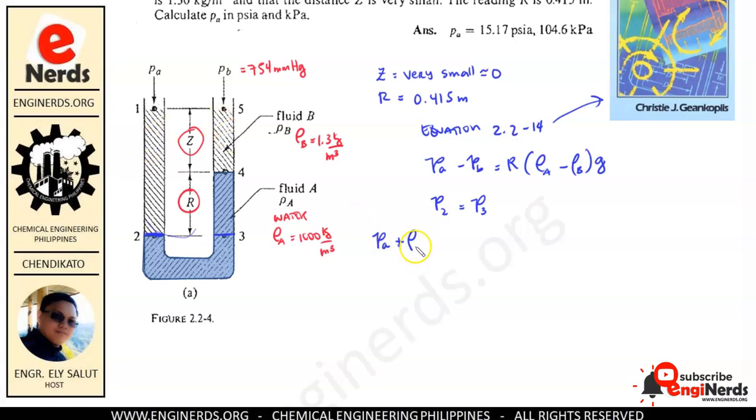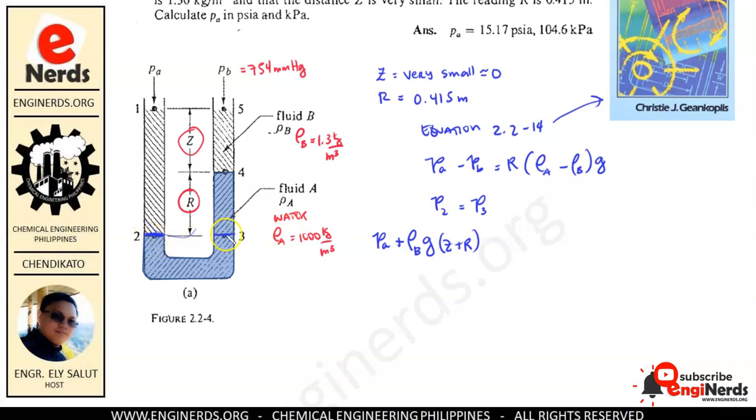So we have density of B, okay, and then the acceleration due to gravity, and then ang ating height, okay, in which ang height natin dito is Z plus R, di ba? So I will just change itong R natin. Gagawin ko tong Z plus R. Okay? So, ito na yung ating pressure dito sa point 2.